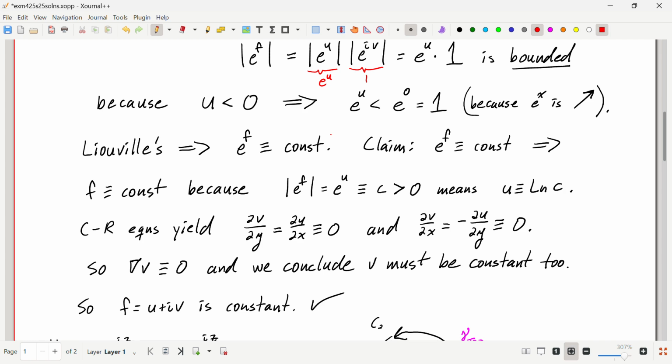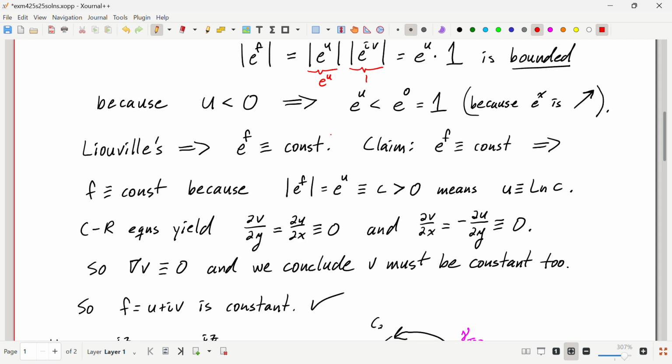The modulus of e to the f is e to the u, and we know that e to the f is constant, so that modulus is constant. Call it c. Of course, it's bigger than 0 because e to the u is always non-zero, bigger than 0. So that means we can take the log of that equation and see that u is the real natural log of c.